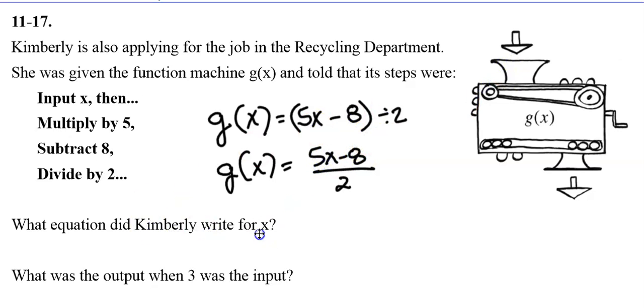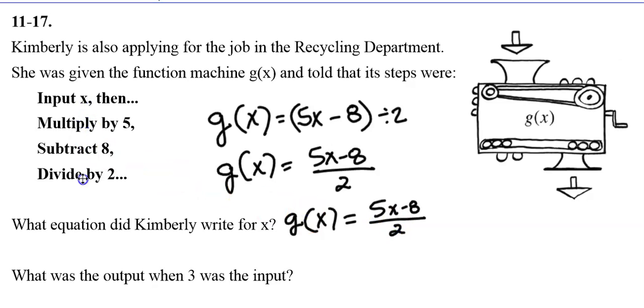So if 3 is put in, what is the output? We want to figure out what g is, so this is our equation. Our equation is g of x equals 5x minus 8, and all of that is divided by 2.